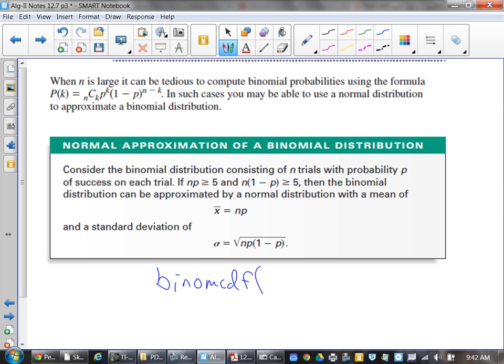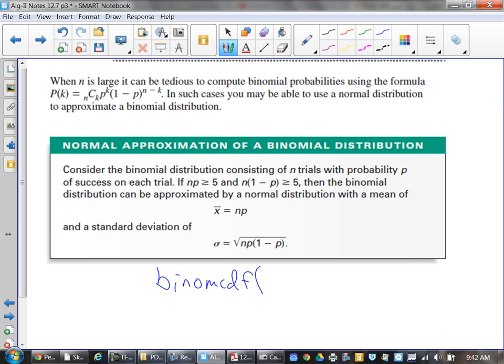Well, the CDF button did the idea of adding up the columns. Remember, where your k value was less than or equal to 5, you'd go through the table and add up those 6 terms for 0, 1, 2, 3, 4, and 5. If you did it with binomcdf, it would accumulate all those values for you.